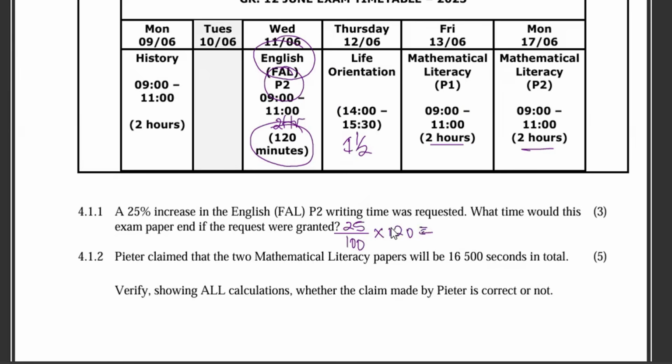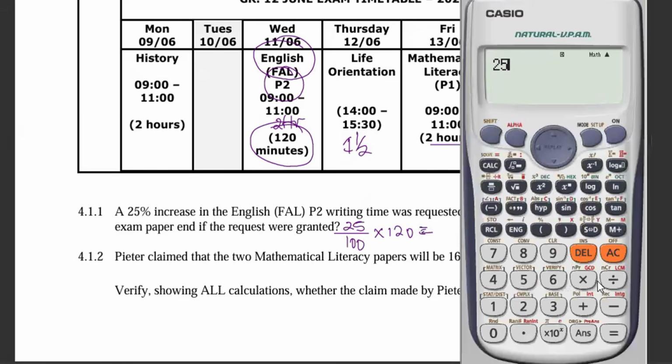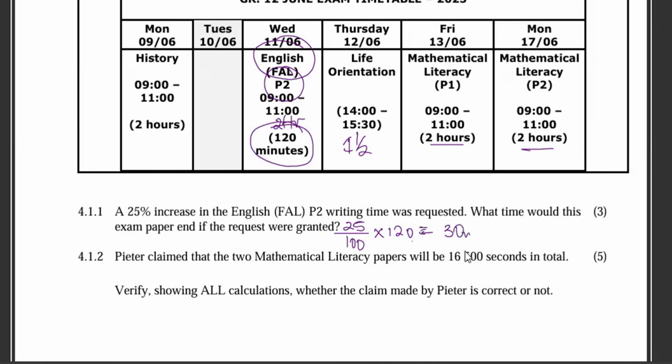Come to your calculator, say 25 divided by 100 times 120. You have 30 minutes. Remember, we don't need the 30 minutes, but they ask, what time would this exam end? Initially it was supposed to stop at 11. So if they add the 30 minutes, it's going to end at 11:30.